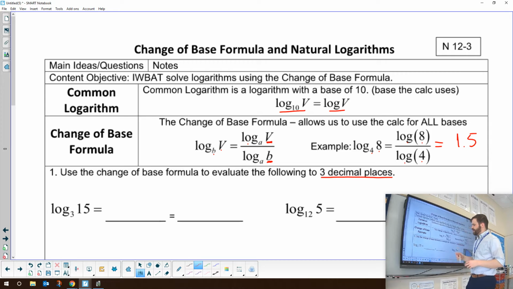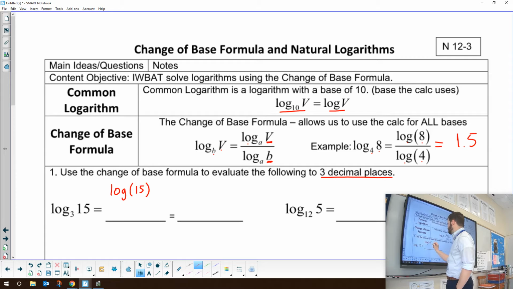First off, let's look at our first one, log base 3 of 15. What we're going to plug into our calculator is log of 15 over log of 3. That's going to convert it to base 10, and we're going to get our answer.